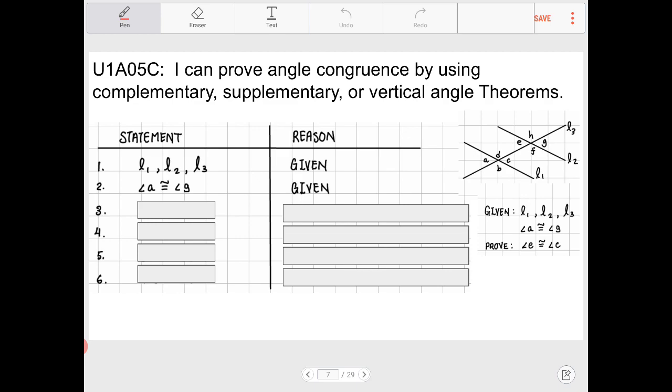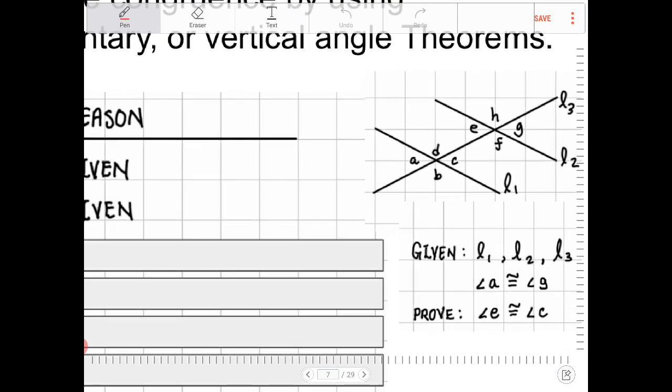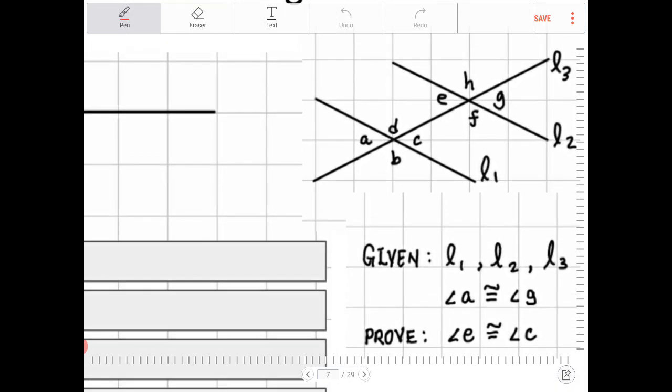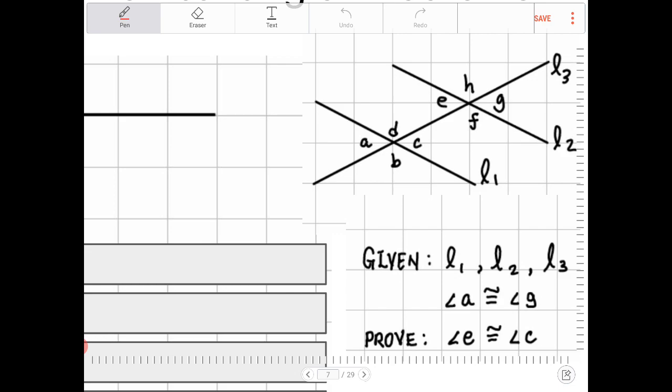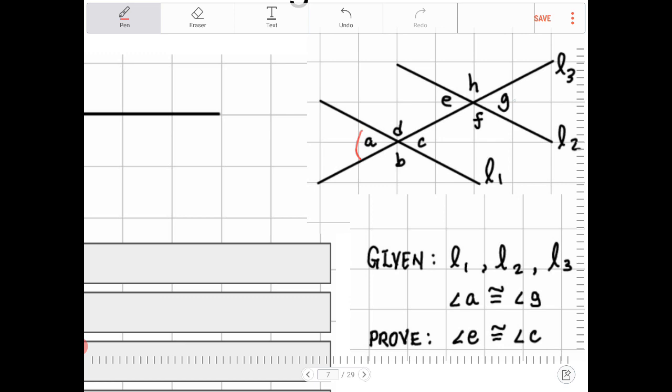So hopefully you guys had some time to think about this and to go through this, convincing yourself why the concluding statement there is true. But let's mark up the diagram here as a standard of practice. I know that I'm trying to prove that E is congruent to C, but I'm given that A is congruent to B here. A is congruent to G. I immediately recognize that A must be congruent to C, and E must be congruent to G. So if A has one tick mark, C therefore has one tick mark.